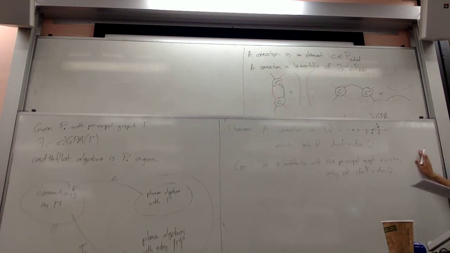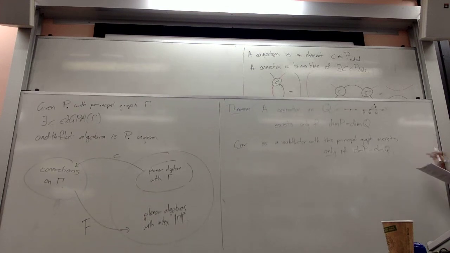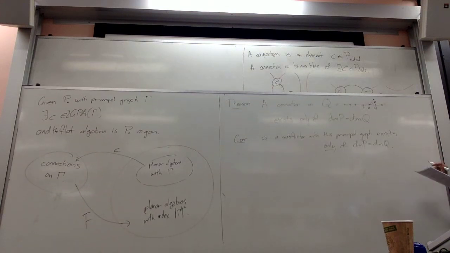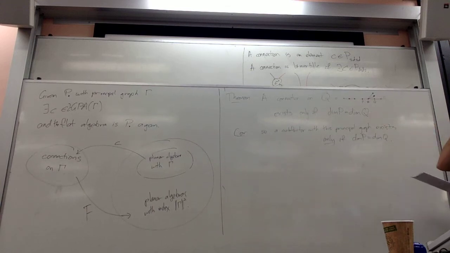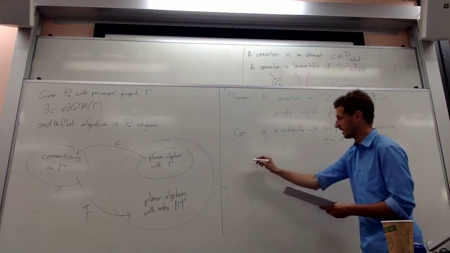Okay, so what do you get from this? Let me just show you. It turns out that knowing dim P equals dim Q is actually enough to do everything.